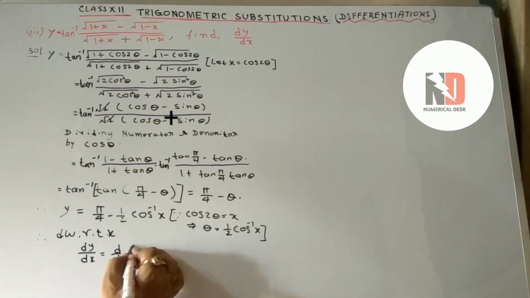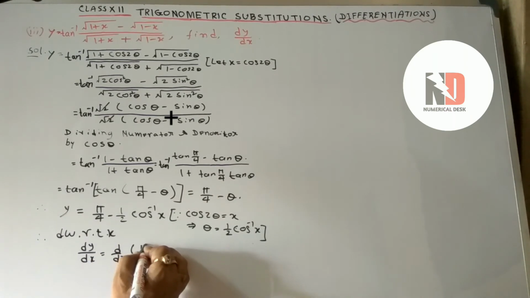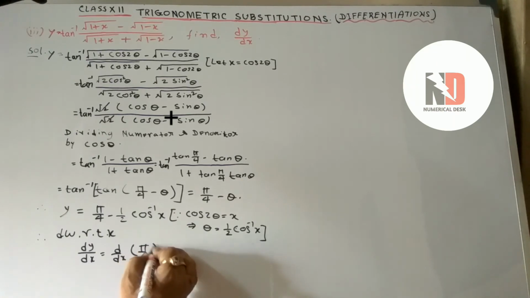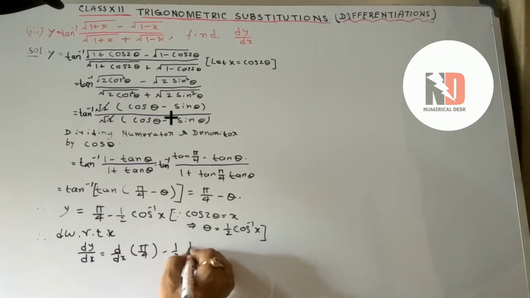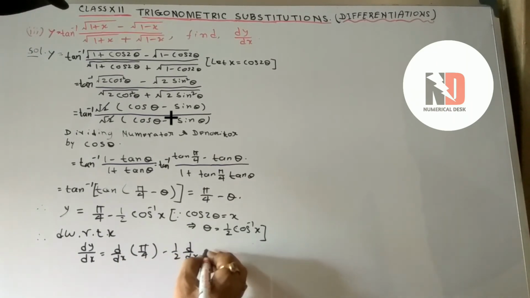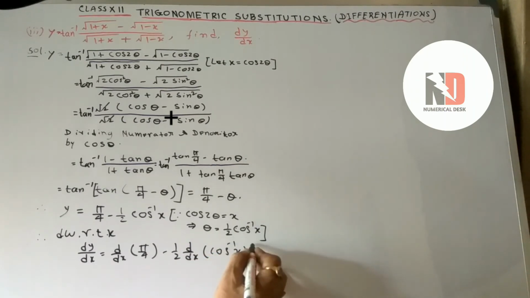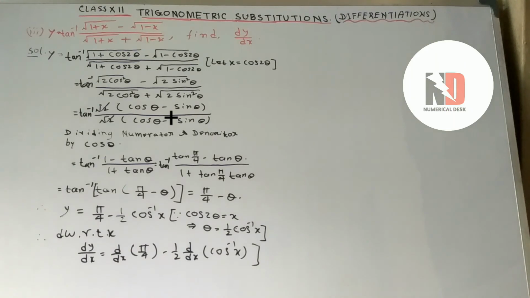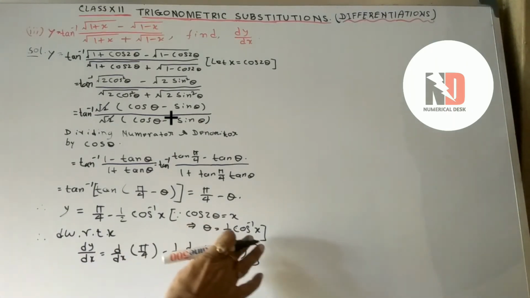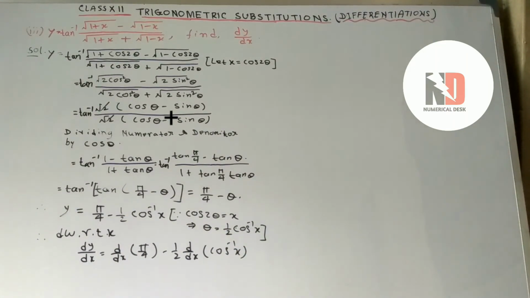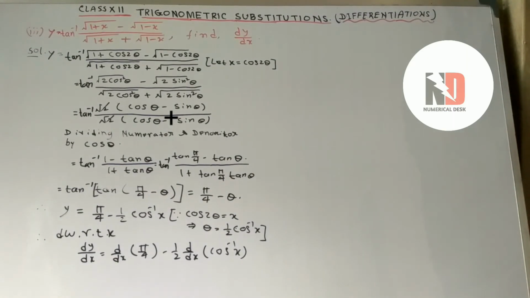So it is d/dx of pi by 4 minus half d/dx of cos inverse x. Therefore we can easily write down the next steps.